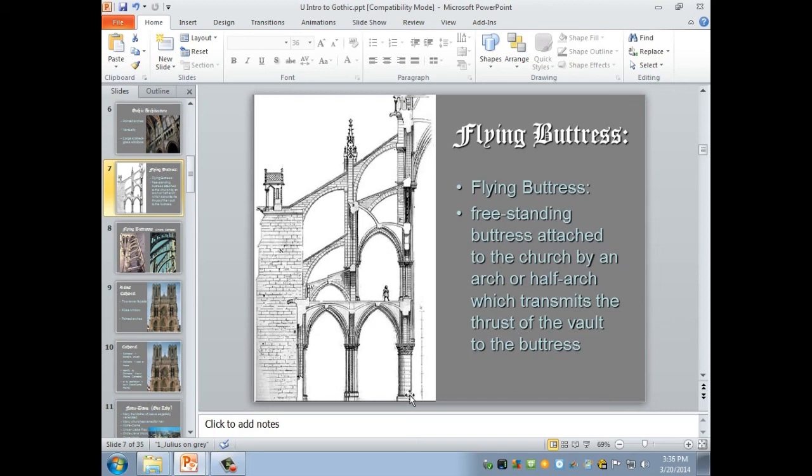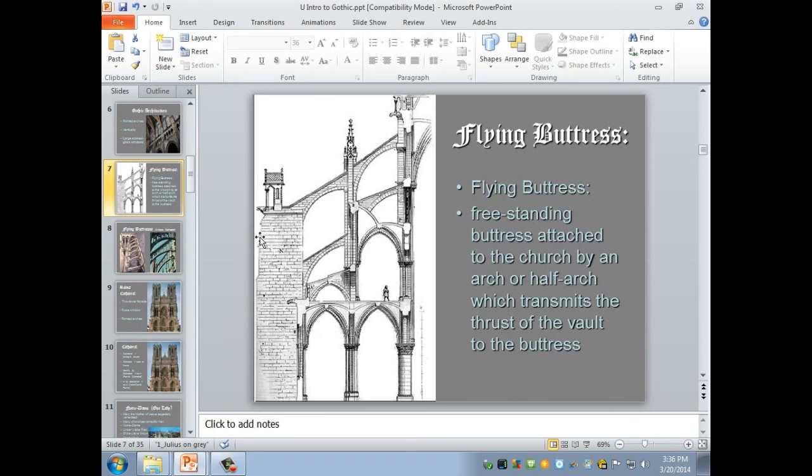In this diagram, on the right, you're seeing the wall of the nave. And on the left, you're seeing all this stone or brickwork. You're seeing this heavy buttress.